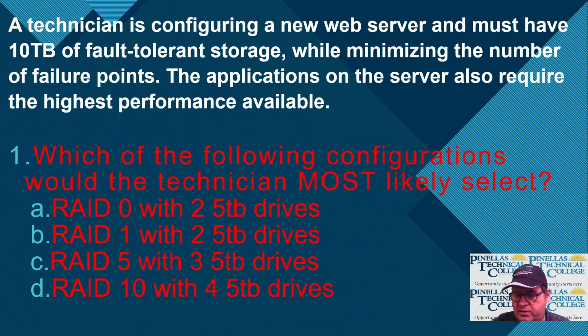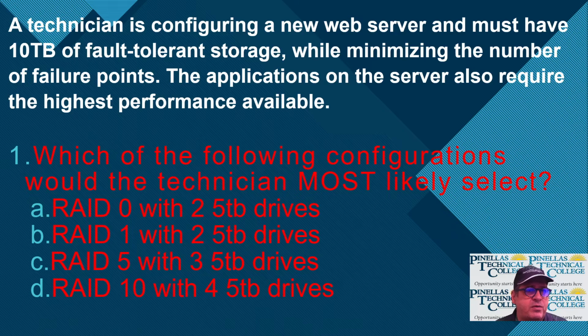So there's one phrase in there that tells us which one we need to use, and that's highest performance available. You're going to get questions like this on the test where it'll say choose the best option. In this case, highest performance available. Well, going through this session here, we know that RAID 1.0 performs better than RAID 5.